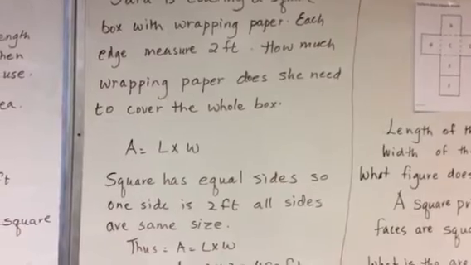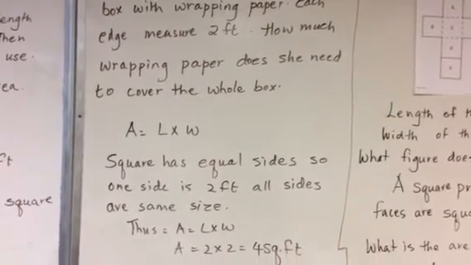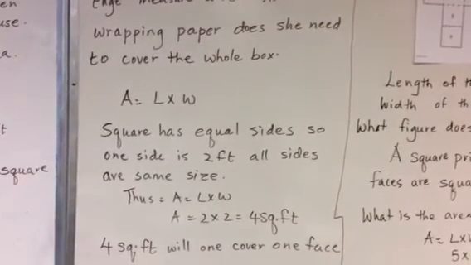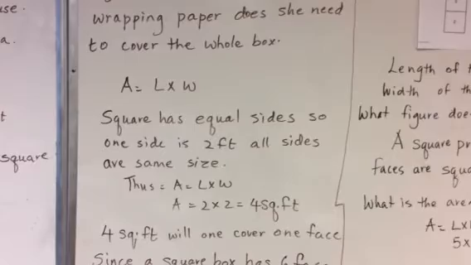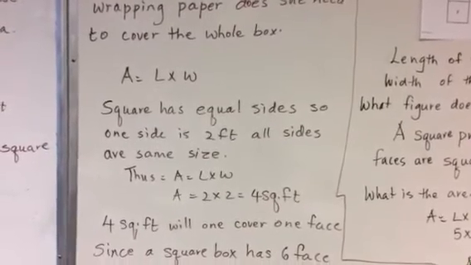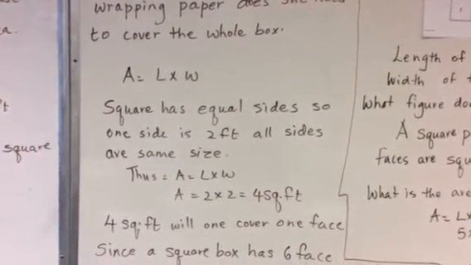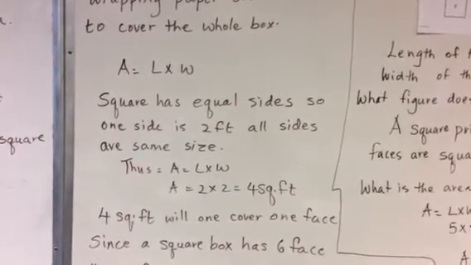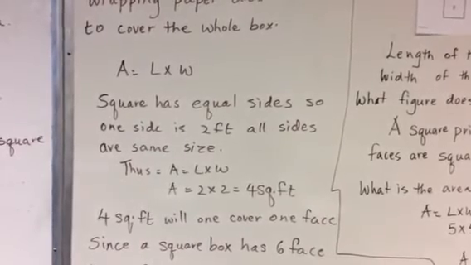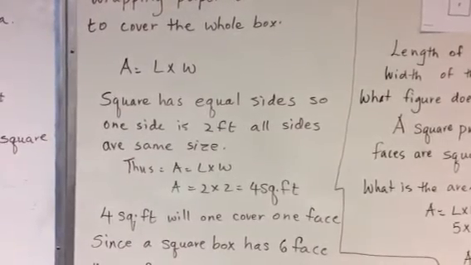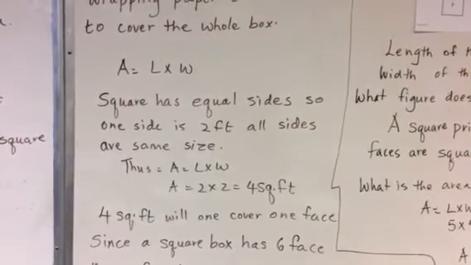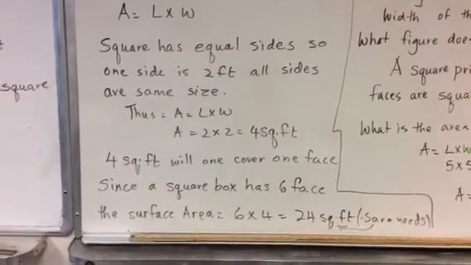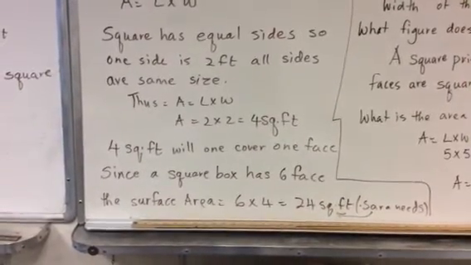We know that the area formula is length times width. A square has equal sides, so if one side is 2 feet, then all sides are the same size because it's a square box. Area is equal to length times width. If your length is 2 feet and width is 2 feet, 2 times 2 is 4 square feet. 4 square feet will cover one face.